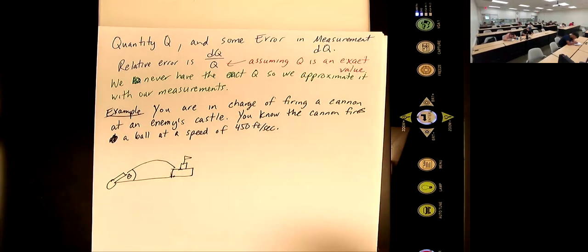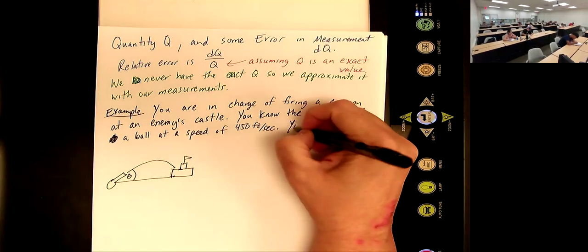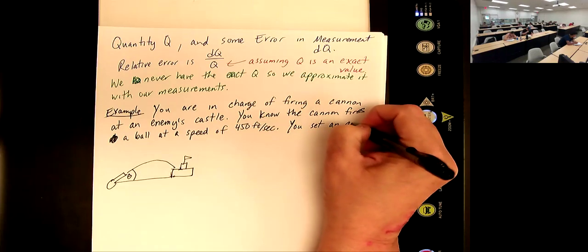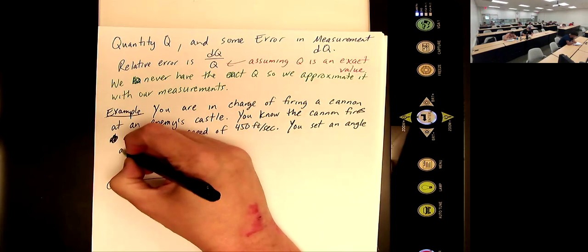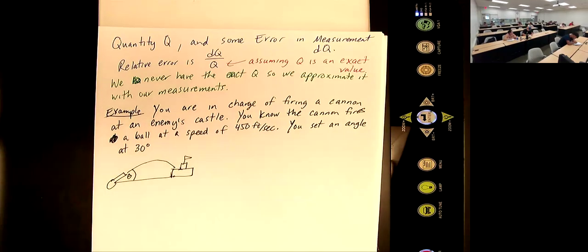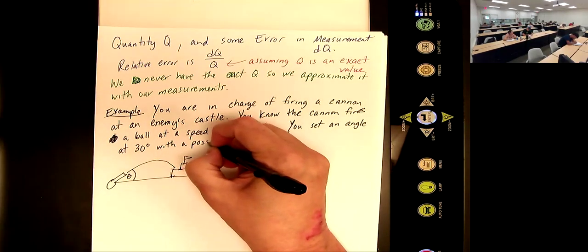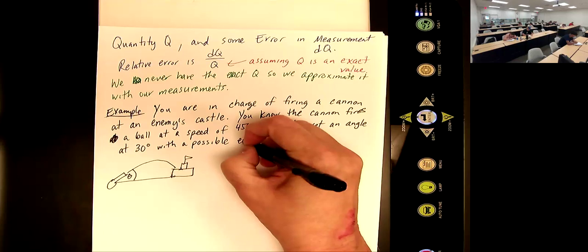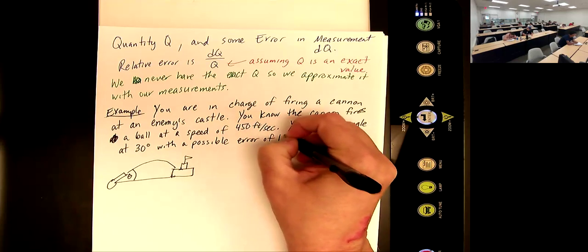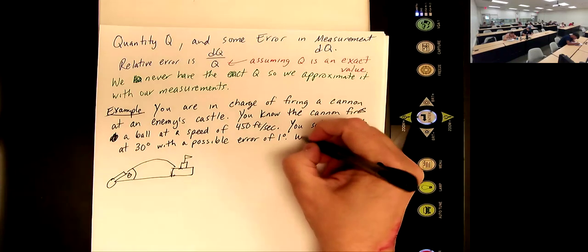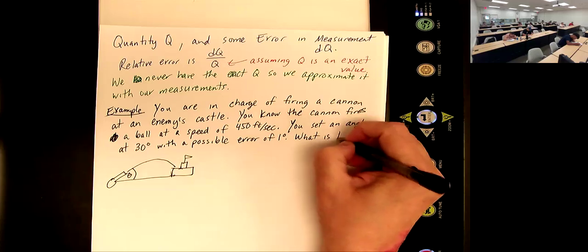So that angle matters. You set an angle at 30 degrees with a possible error of 1 degree. What is the relative error in the cannon shot?